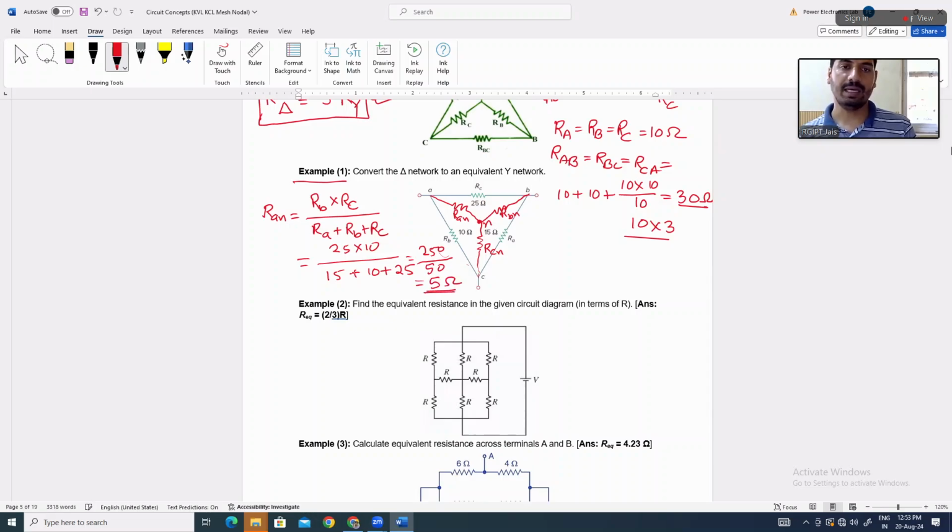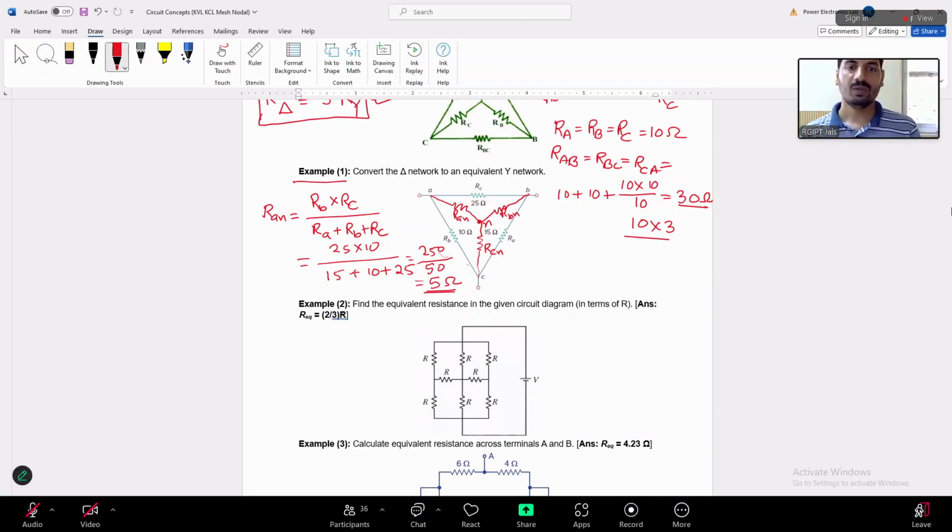We are getting RAN 5 ohm. Okay, similarly we can find out the values of other star connected resistance also. Clear? सबको समझ में आ रहा है? Yes. Yes.